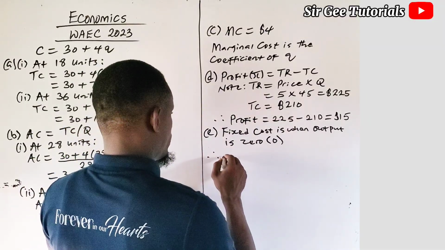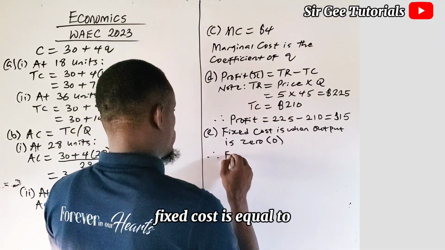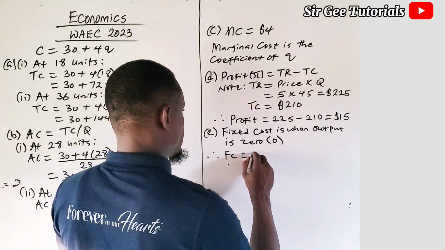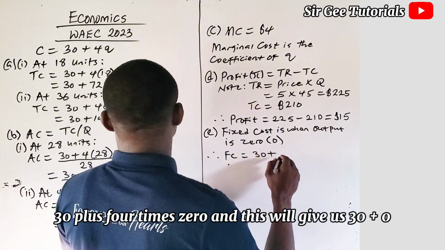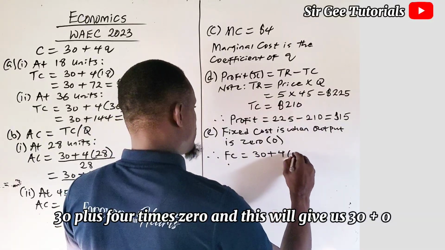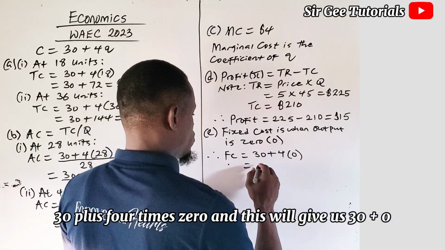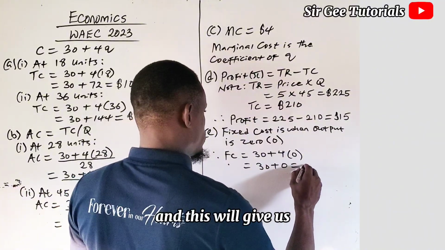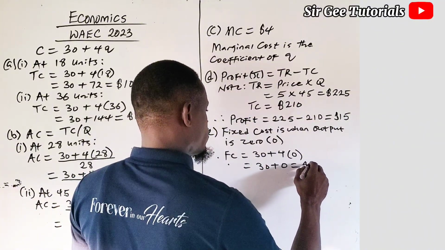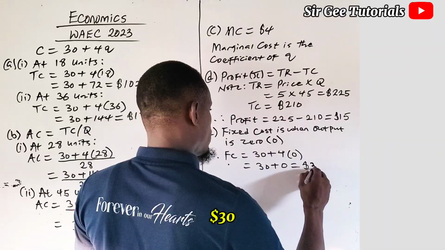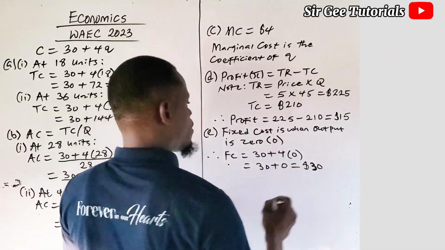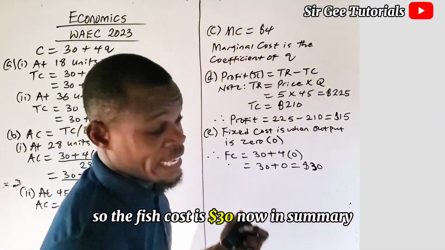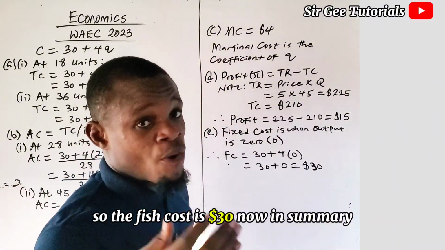Therefore, fixed cost is equal to 30 plus 4 times 0. And this will give us 30 plus 0. And this will give us $30. So the fixed cost is $30.